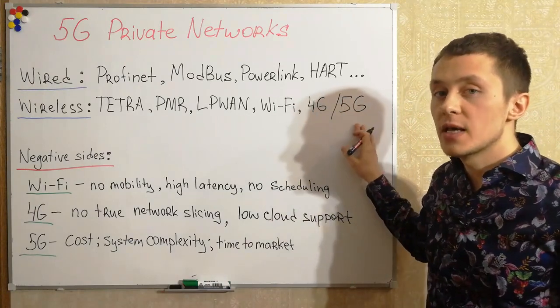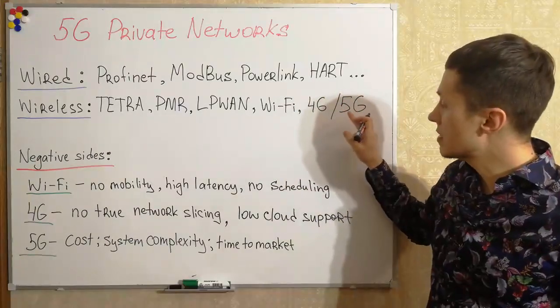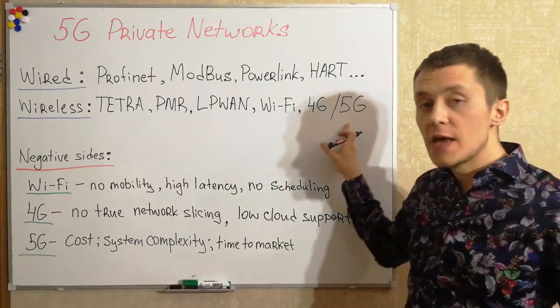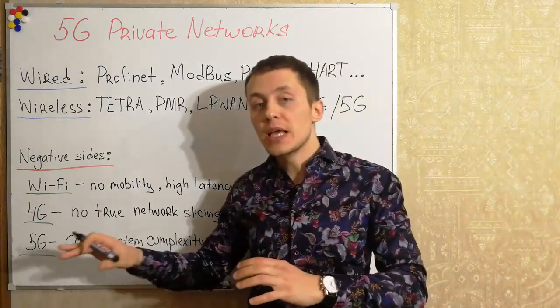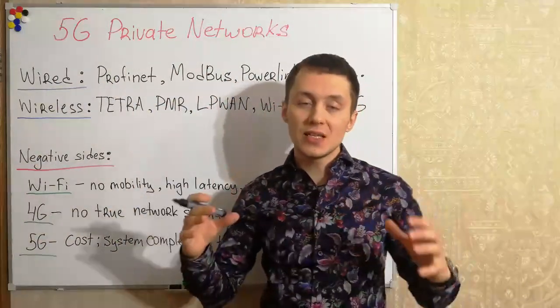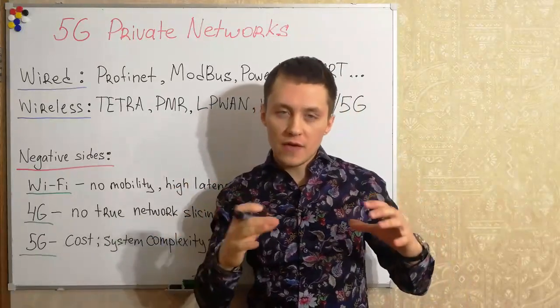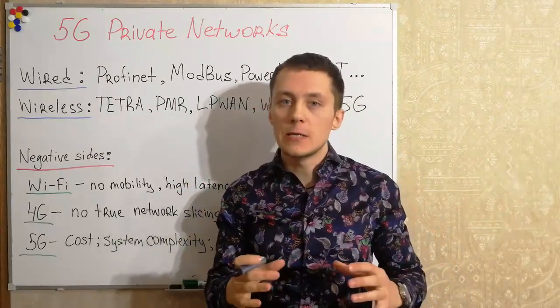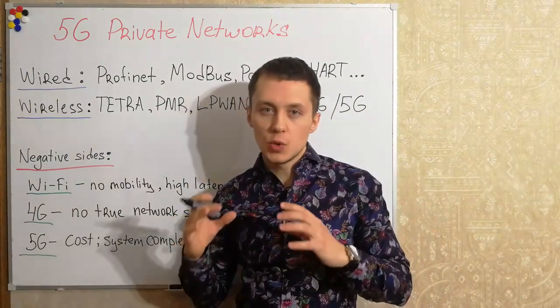What's important to understand is that a 5G network can replace all these kinds of networks and become a single platform for private network connectivity. This is very important to understand.